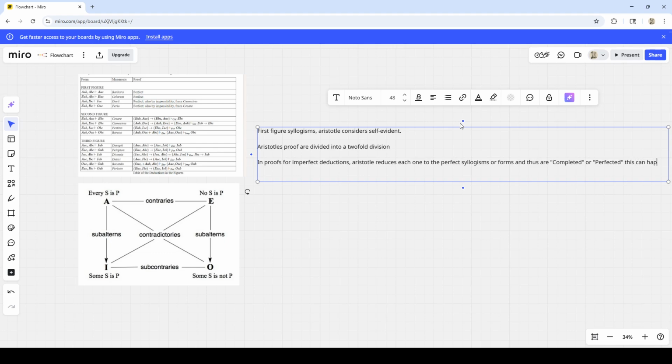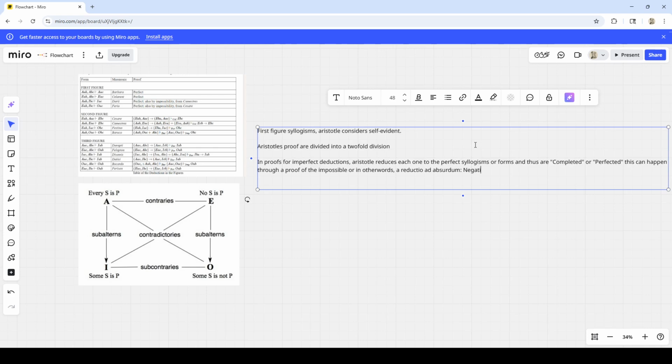This can happen through a proof of the impossible, or in other words, a reductio ad absurdum. Okay, and so a reductio ad absurdum is where you negate the conclusion.